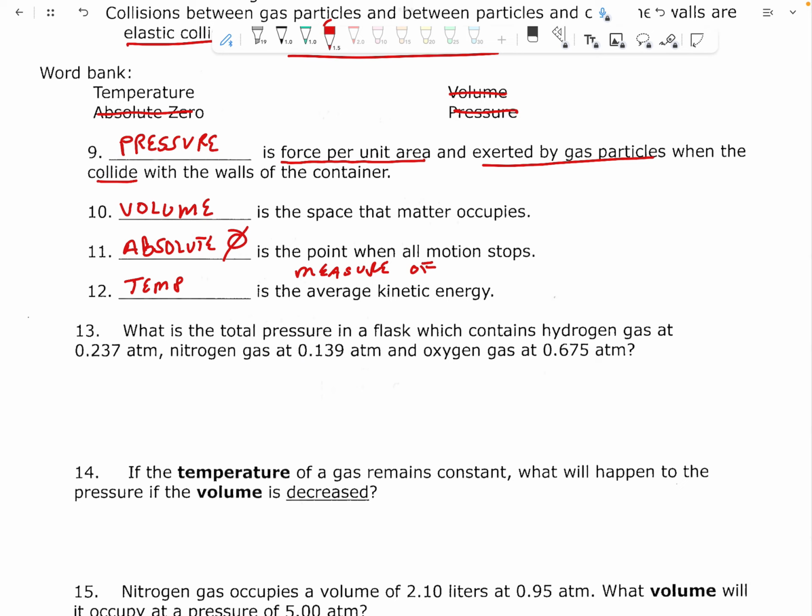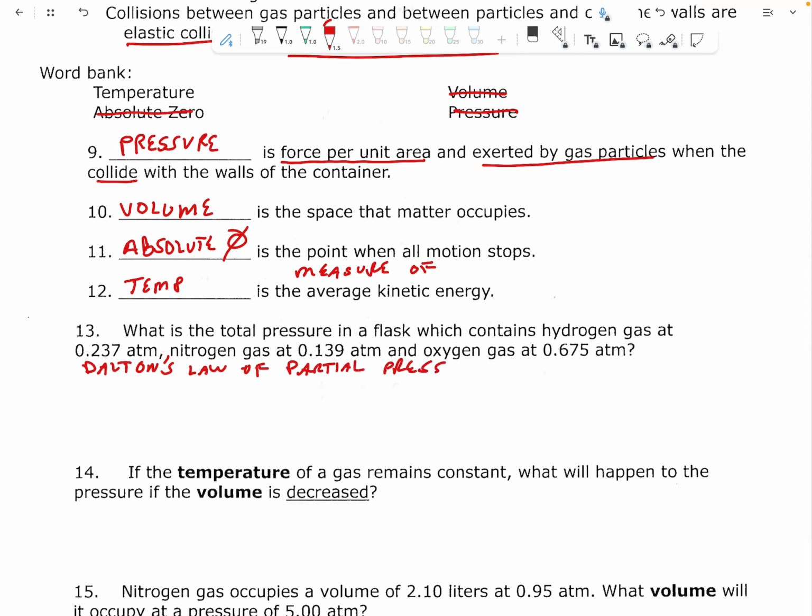The total pressure in a flask which contains hydrogen gas at 0.237 atmospheres, nitrogen gas at 0.139 atmospheres, and oxygen gas at 0.675 atmospheres, well, that happens to be Dalton's law of partial pressures.